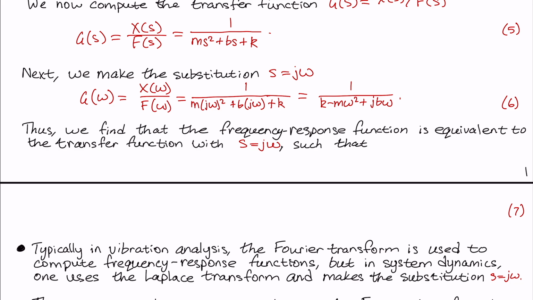So thus we find that the frequency response function is equivalent to the transfer function with s equal to j omega. So if we make the substitution s equals j omega and plug that into a transfer function, we will get the corresponding frequency response function.